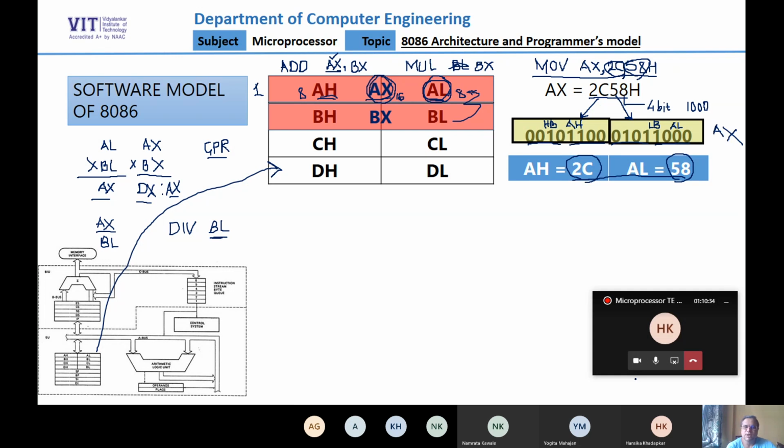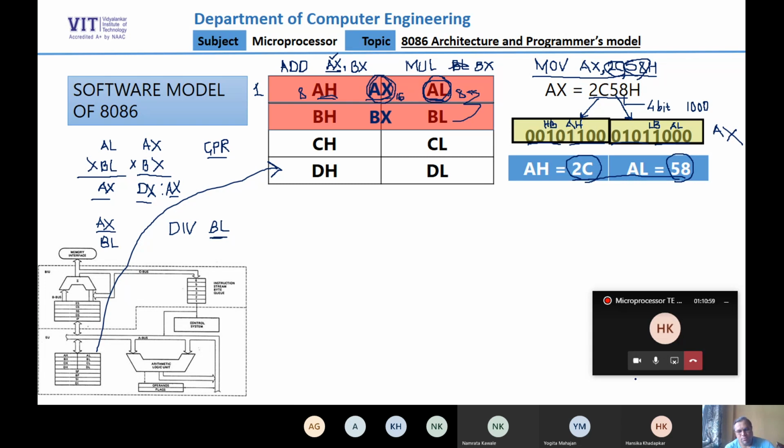That is one use of the Bx register, and it has one special use that you should understand. Now, write this very carefully in your notebook.